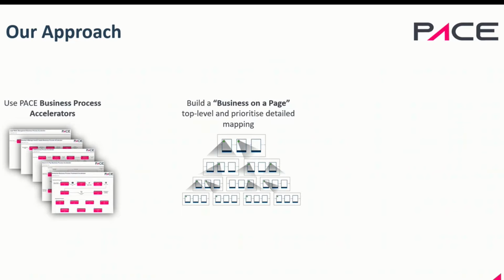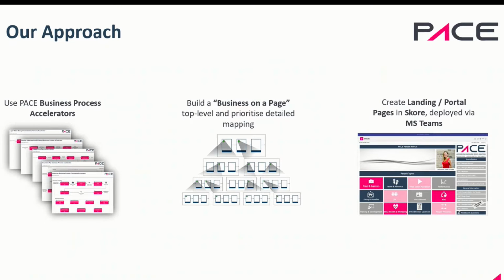So we support them on that journey of identifying where the priority processes are to be mapped, but build that into a framework, a hierarchy, where they can then map any processes that they want across the organization and have them nicely connected in, so they're not all disjointed, but they're in a holistic view of all their process content, all in one place, easily managed and easy to connect together.